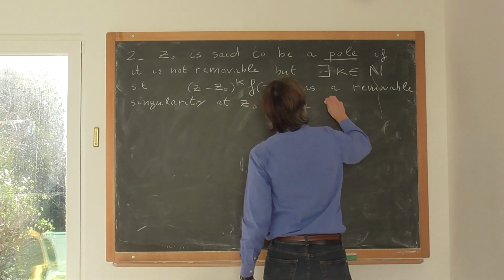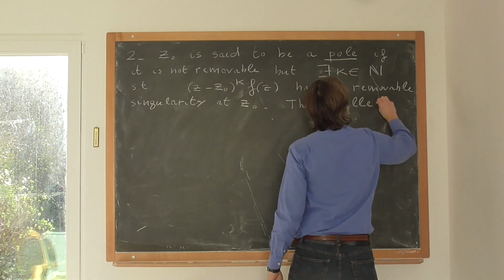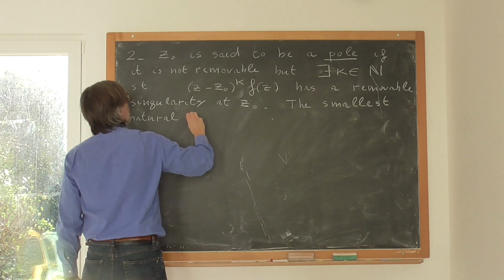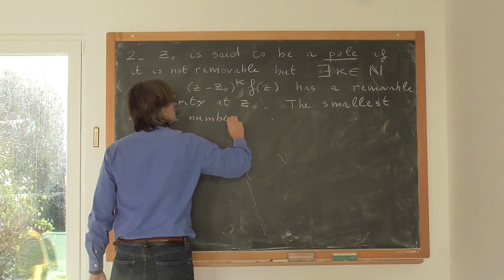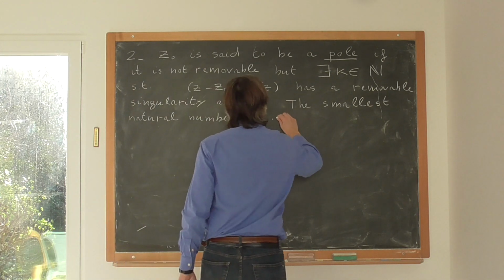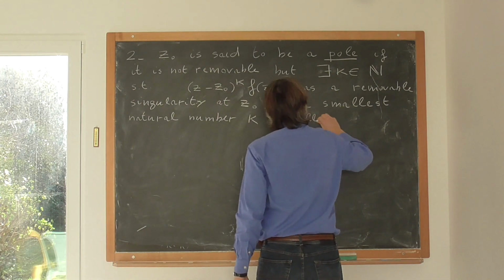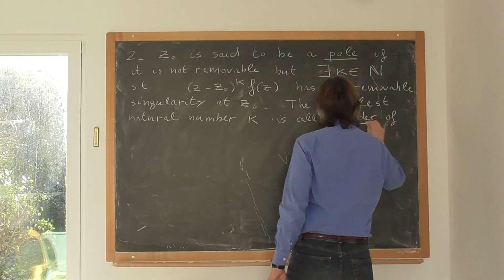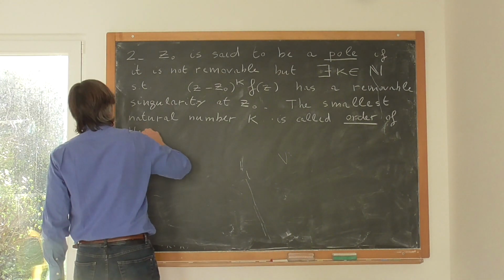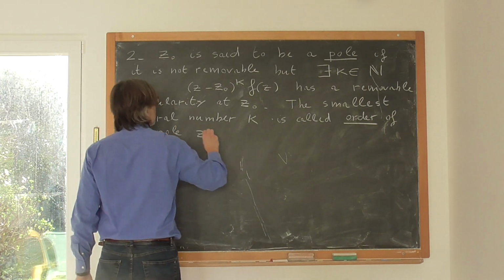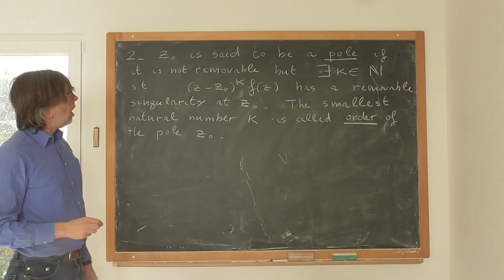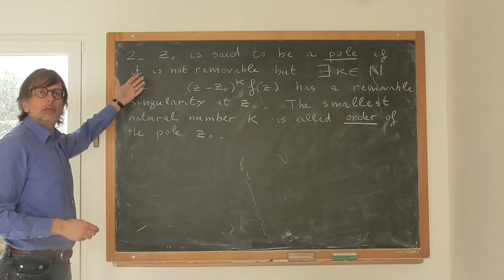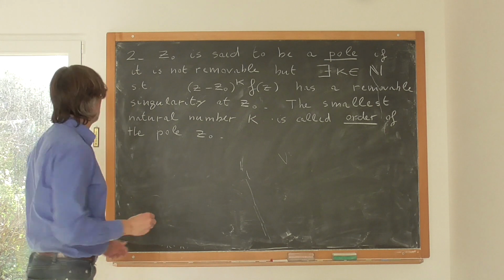The smallest natural number k with this property is called the order of the pole z naught. Okay, so this definition is of course modeled after rational functions.